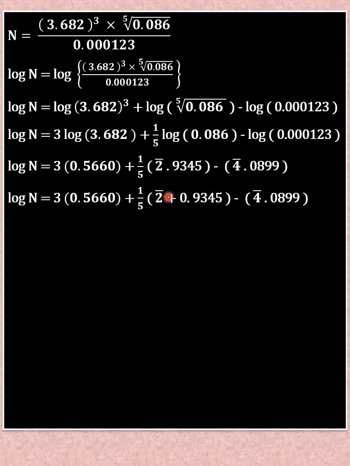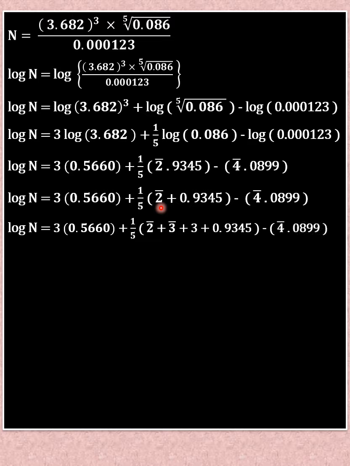Now here this is bar 2, meaning minus 2, and this is the decimal part. The decimal part is positive and the integral part is negative, and it is not divisible by 5. So to make it divisible by 5, we are going to add some value. Which value should be added?